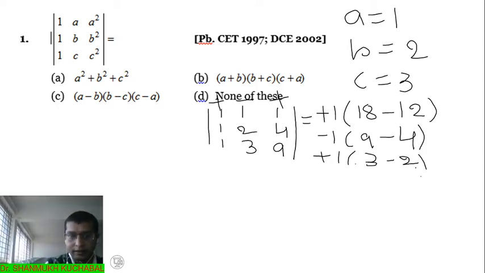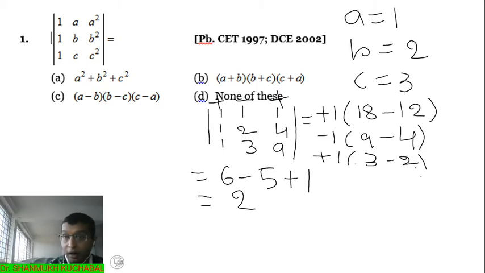The value of this is 18 minus 12, that is 6; 9 minus 4 is 5, so we get minus 5; 3 minus 2 is 1, so we get 1. If we simplify this, we get an answer of 2 here. Then this value we have to substitute in the options.